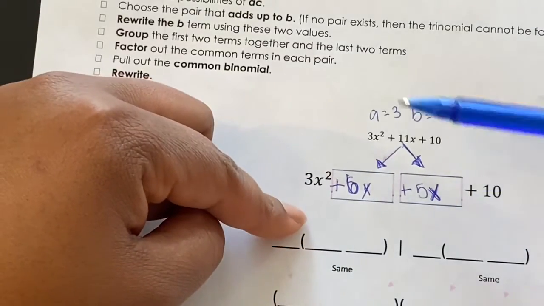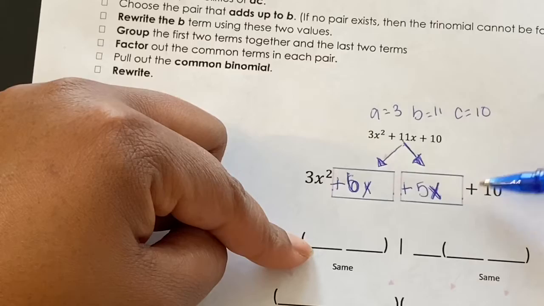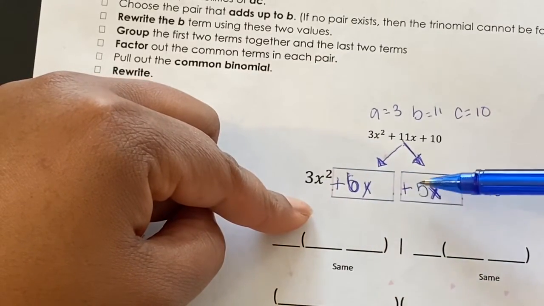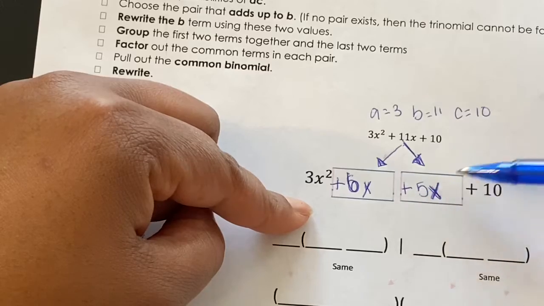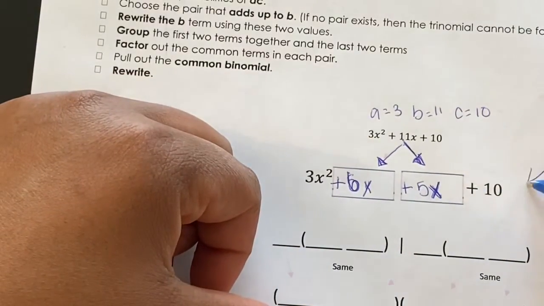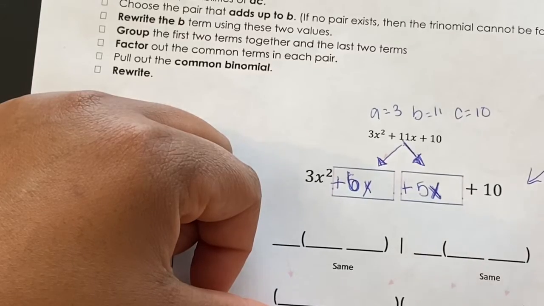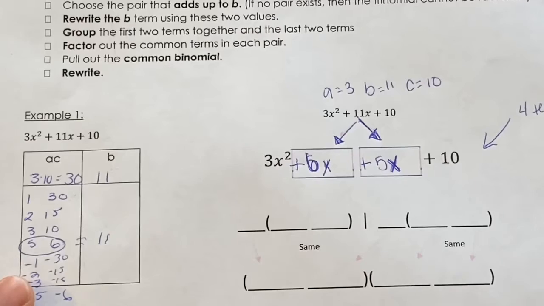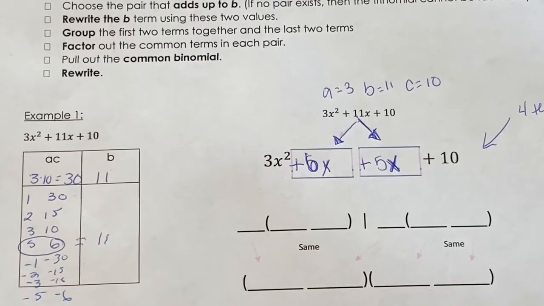Now, if you see here, this is a 4-term polynomial. Ta-da! I have 3x squared plus 6x and then plus 5x plus 10. That is a 4-term polynomial. Now I'm going to use the skills that we learned last lesson to factor this. We're going to use the grouping method.